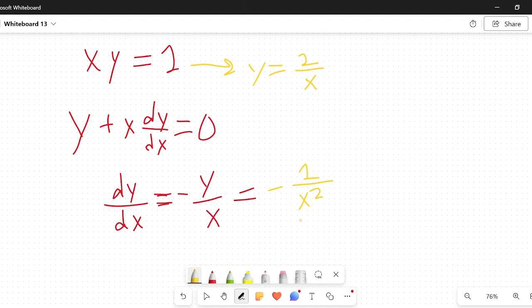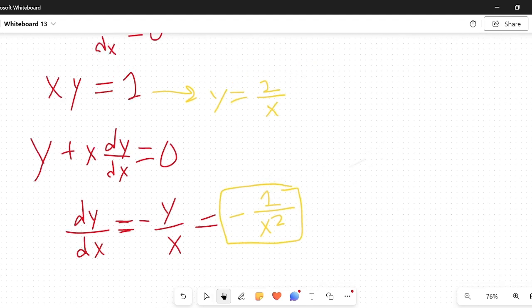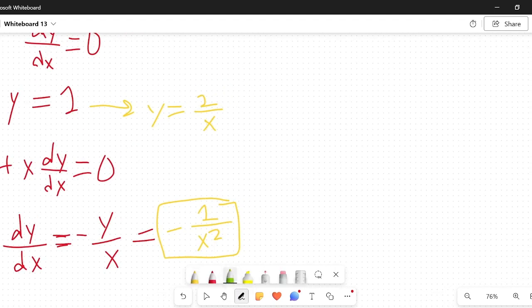Implicit differentiation essentially involves differentiating all variables. For example, if we were taking the derivative of something like y squared, we would treat it just like the chain rule.